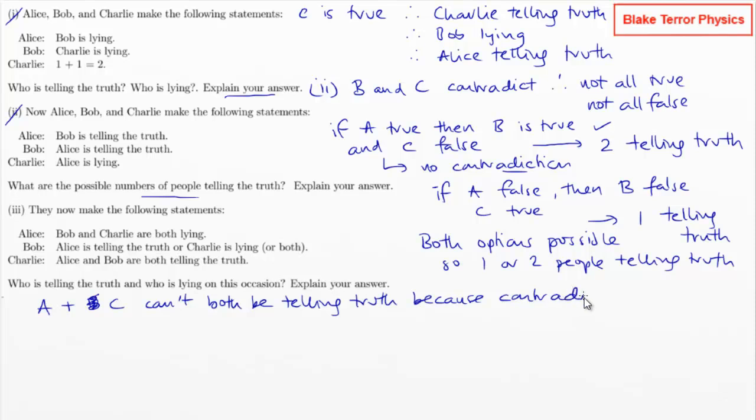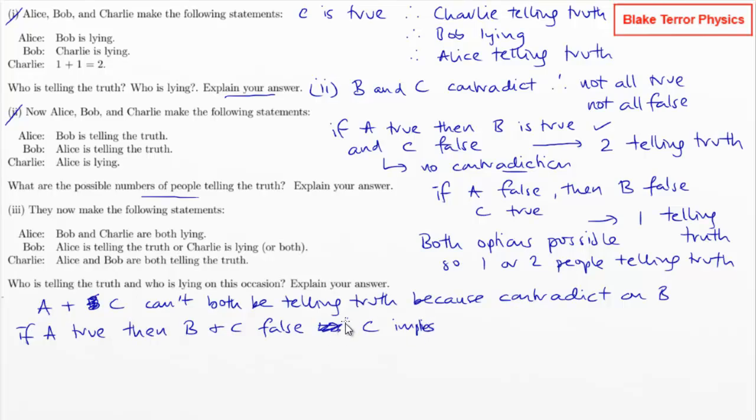So now, let's try some options, I suppose. If A is telling the truth, then B and C are false, so they both have to be lying. B's a bit more involved, so let's go with C. C says that Alice and Bob are both telling the truth, and that would be a lie.